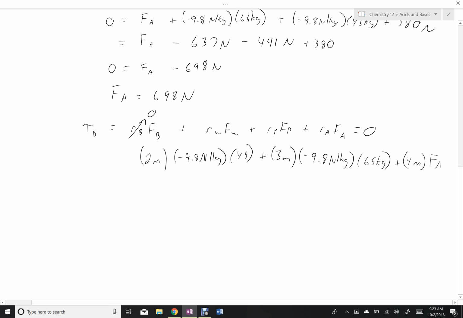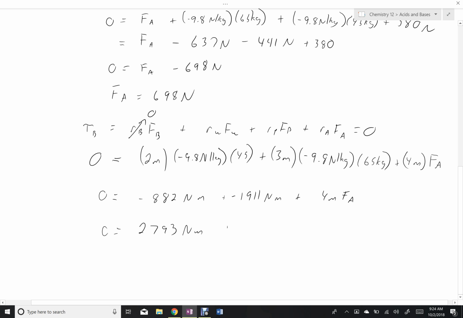So I've done this one already. It worked out to 882 newton meters negative. This one is going to be 637 times 3, 1911 newton meters negative. And 4 meters times FA. So I'm just going to collect those like terms. 2793 newton meters plus 4 meters times FA equals 0.